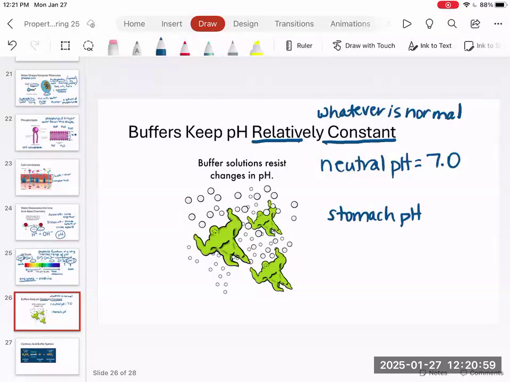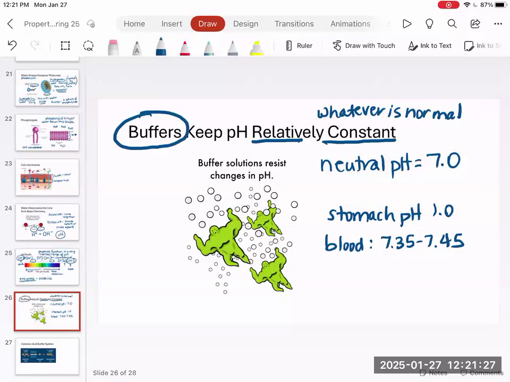It can be as low as 1.0. So we're not trying to achieve neutral. We're trying to achieve whatever is normal for that region of the body. Your blood pH is about 7.35 to 7.45, and it really can't vary much outside that range, or those proteins are not going to function correctly. So buffers in the body are very, very important in keeping your pH constant.